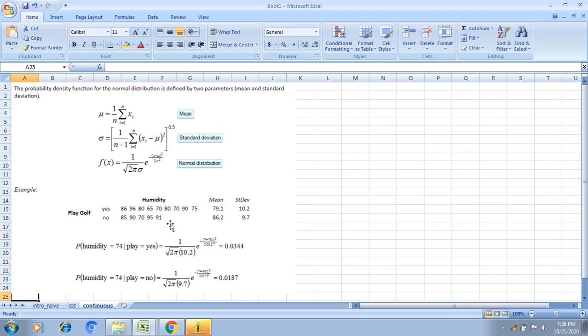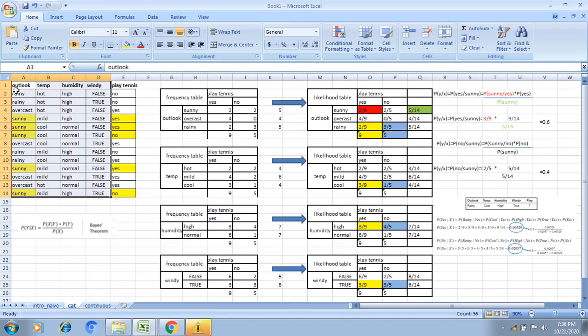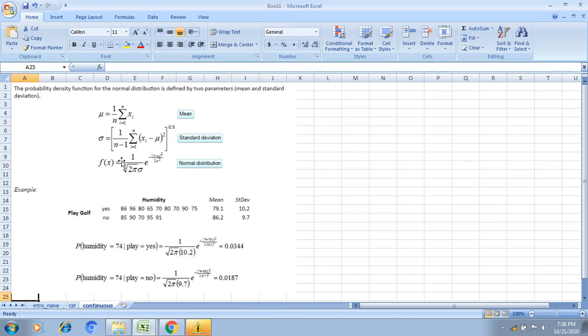Using the Naive Bayes algorithm for continuous data, we should use this formula in the backend process. If the independent variables are continuous, we need to use this formula. This is the backend of the Naive Bayes algorithm. This is the probability of humidity being 74, whether we are willing to play or not. Here I am using the same formula.